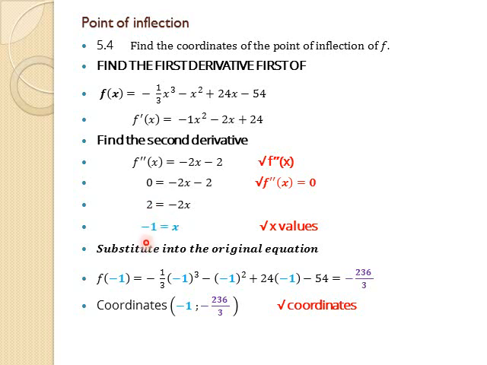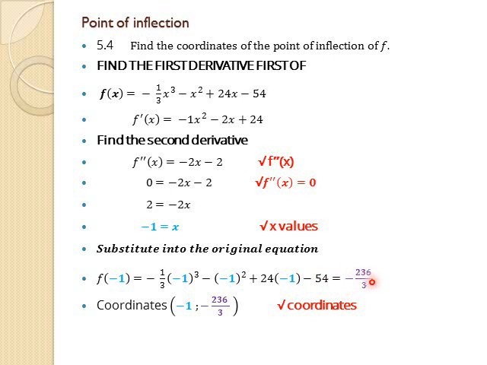Right? Then we always substitute back into the original equation. Not the first derivative, not the second derivative, but back into the original equation. So there, f(minus 1), punch it in, minus 1 over 3 times minus 1 cubed, minus minus 1 squared, plus 24 times negative 1, minus 54.